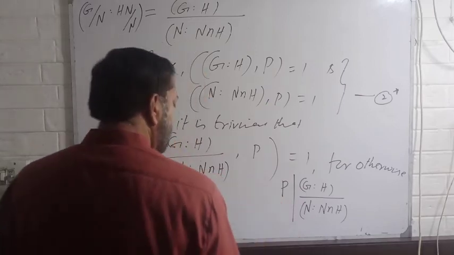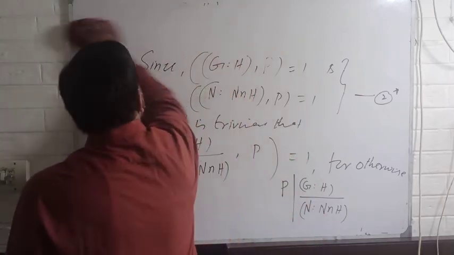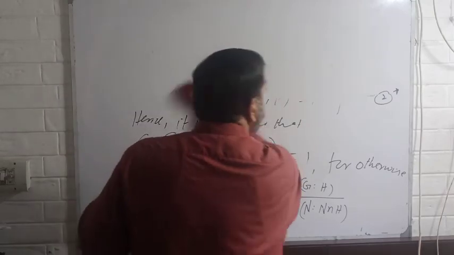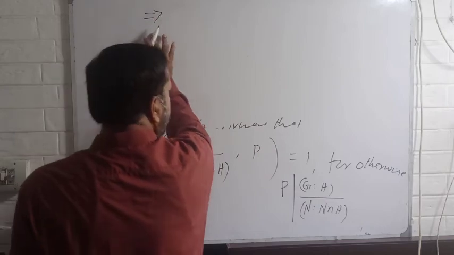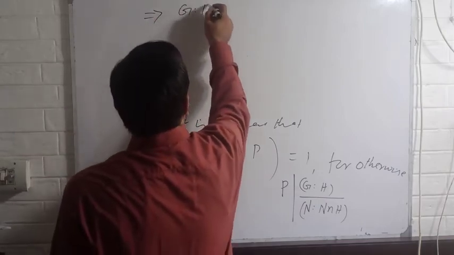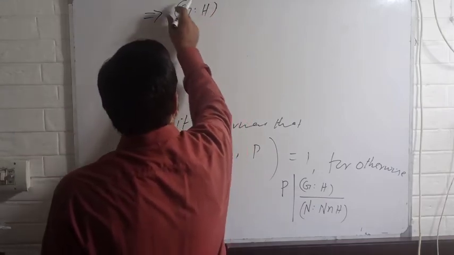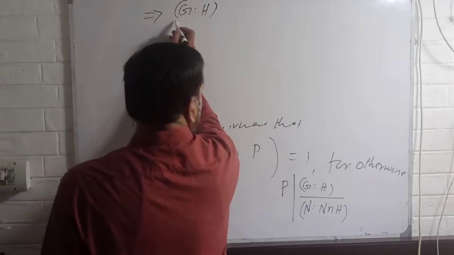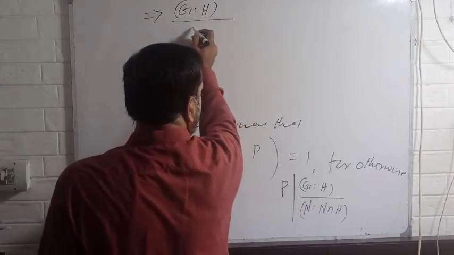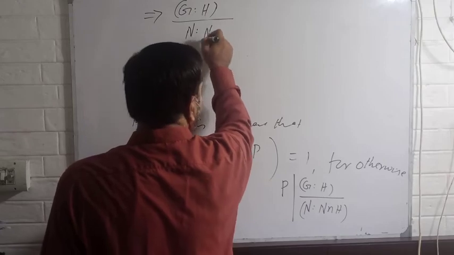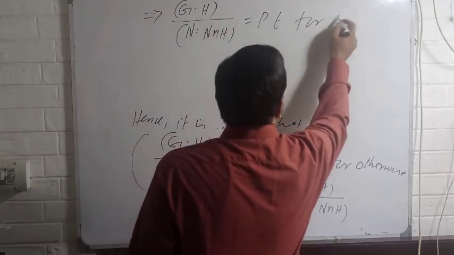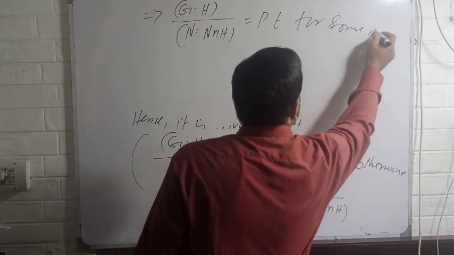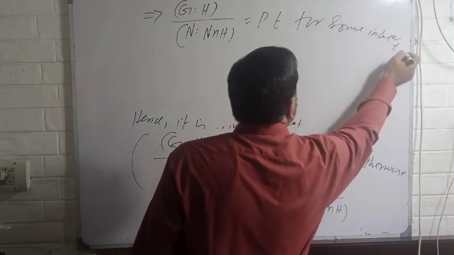So this implies index of G by H by index of N intersection H will be equal to Pt for some integer t.